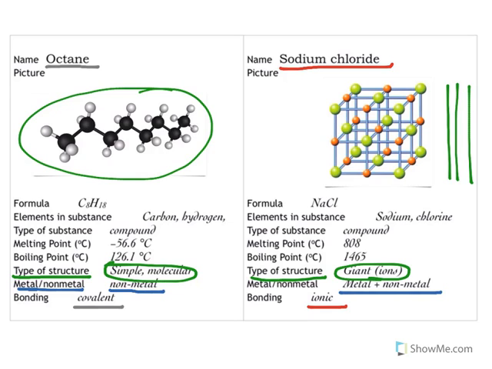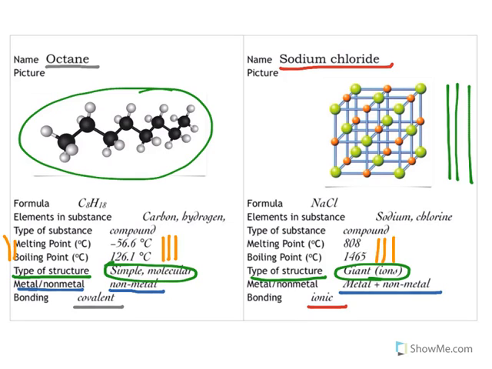Looking at the next thing on our list, if we look at melting points and boiling points, we see that for octane we have minus 56.6 degrees C where it melts, turns from a solid to liquid, and 126.1 degrees C where it turns from a liquid to a gas.